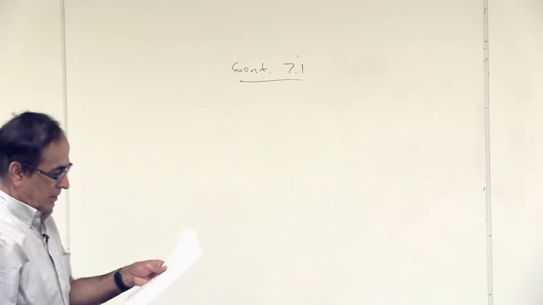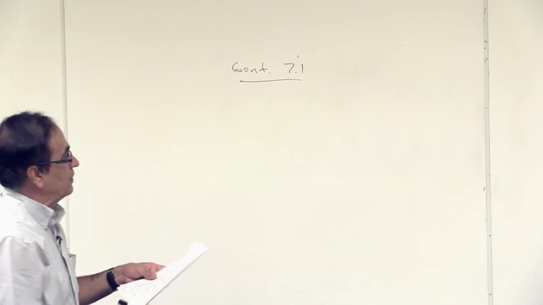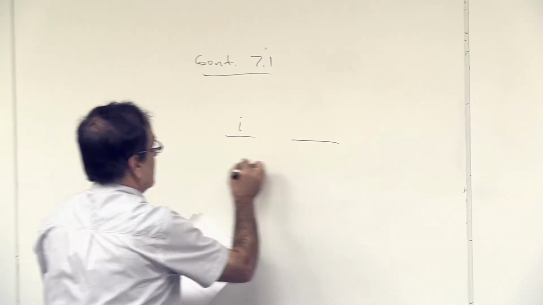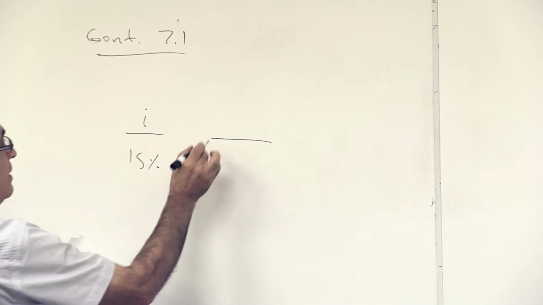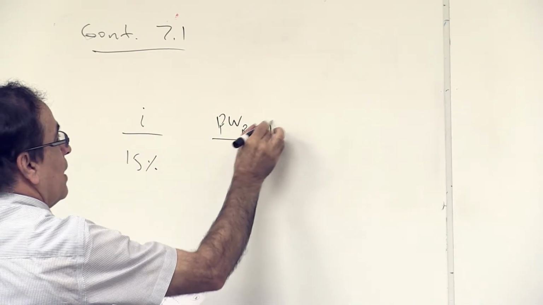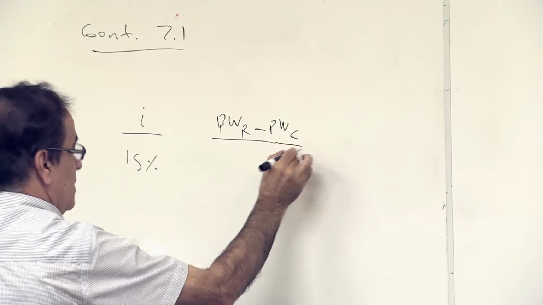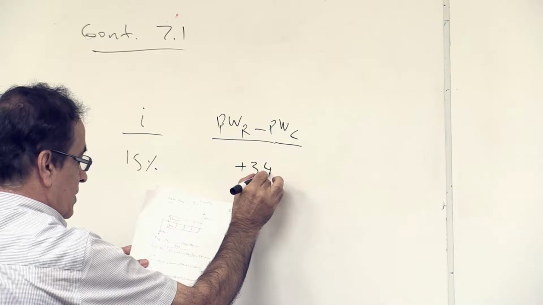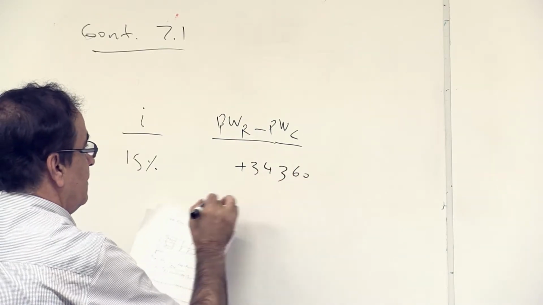So now we try to interpolate. For I at 15%, the net difference between the present worth of revenue minus present worth of cost was $34,360.